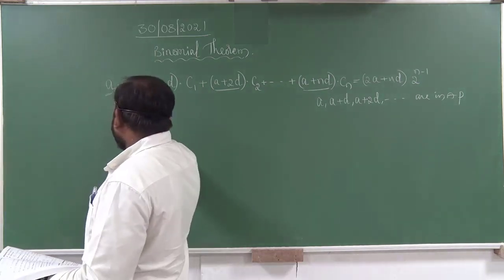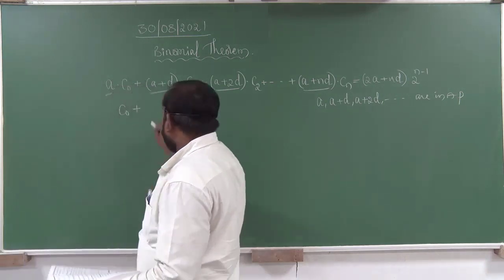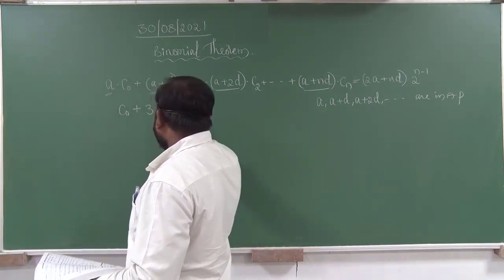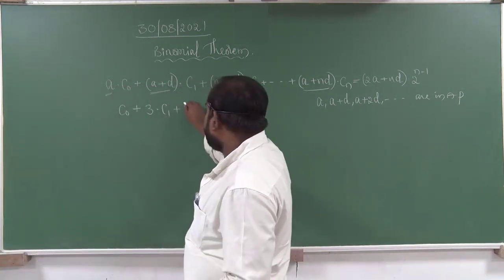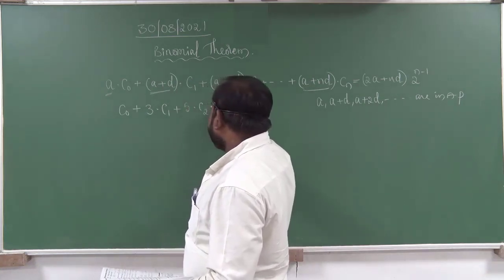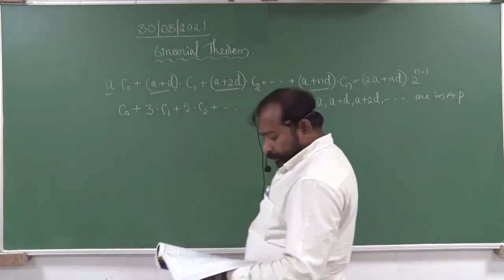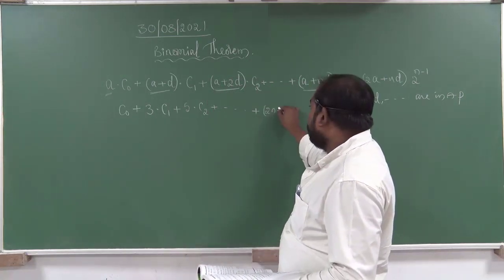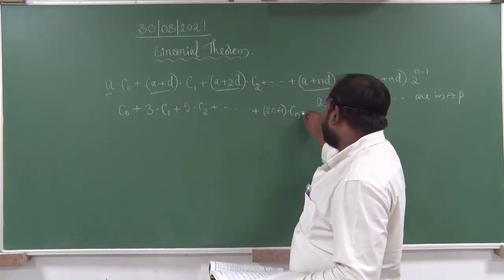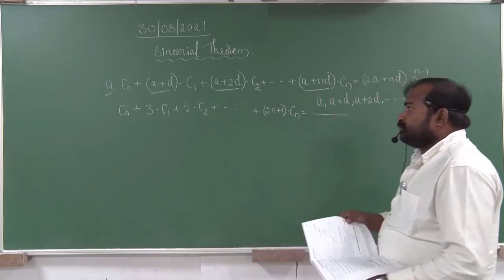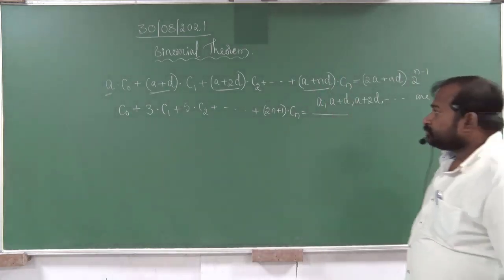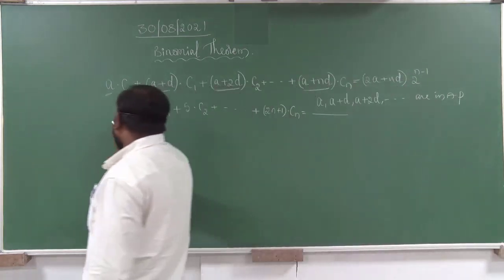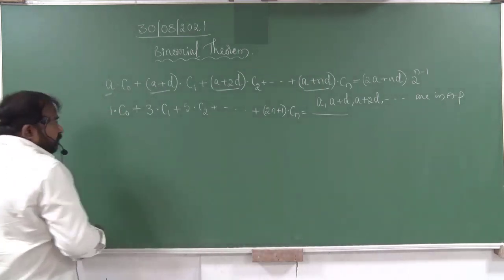C0 plus 3 into C1 plus 5 into C2 plus and so on plus, here the last value they gave, (2n plus 1) into Cn equals dash. This is the bit. Okay, listen here. Of course, here C0 means indirectly 1 into C0 is there.